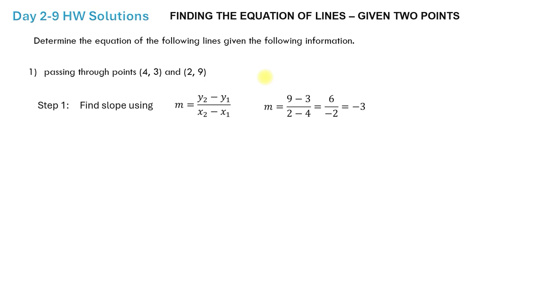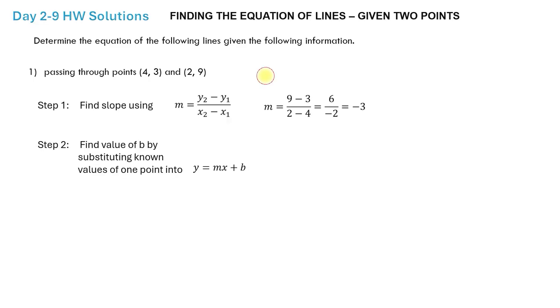Now, we need to know what the value of b is. Once again, we use our equation y equals mx plus b, and we plug in all the values that we know into that equation and solve for b. So we can say that 3 equals negative 3 times 4 plus b.